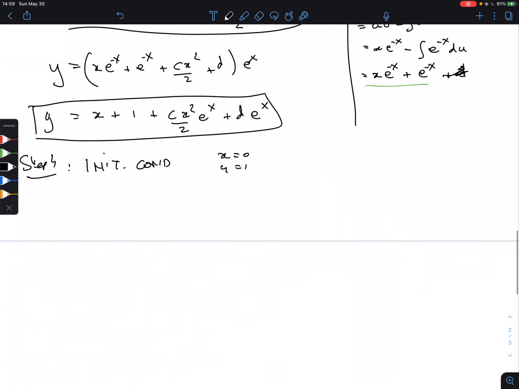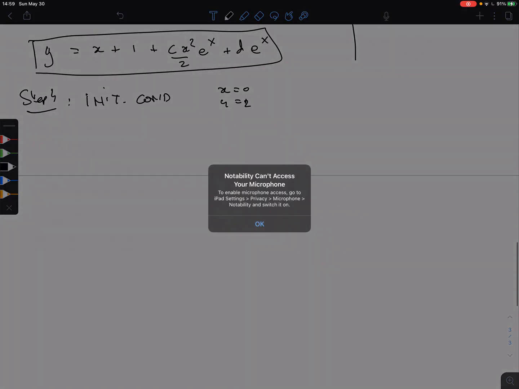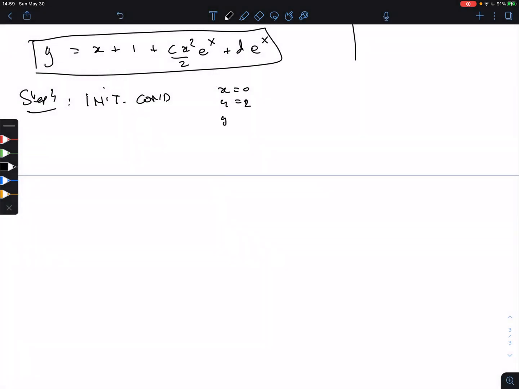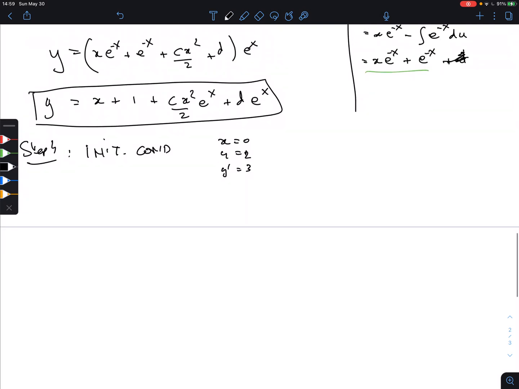So y is 2, and that is 3. Just plug in first these two. We get that 2 is equal to 1 plus d. These two terms disappear, so d is 1.